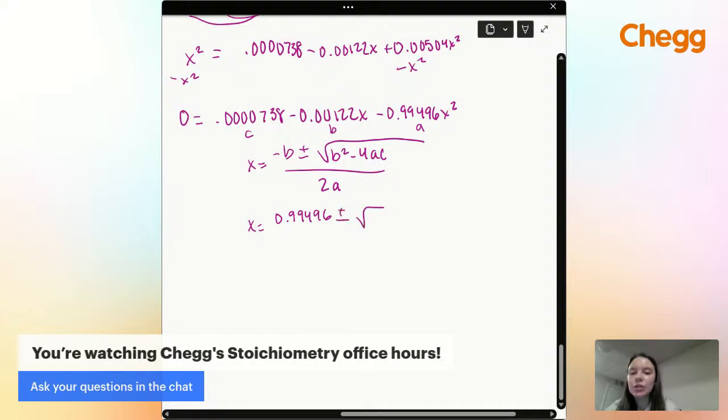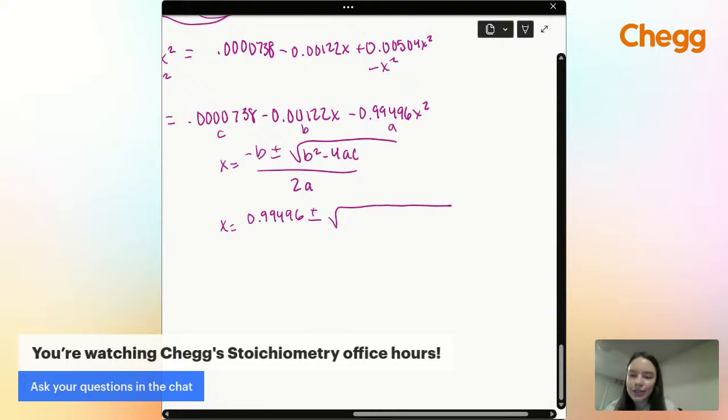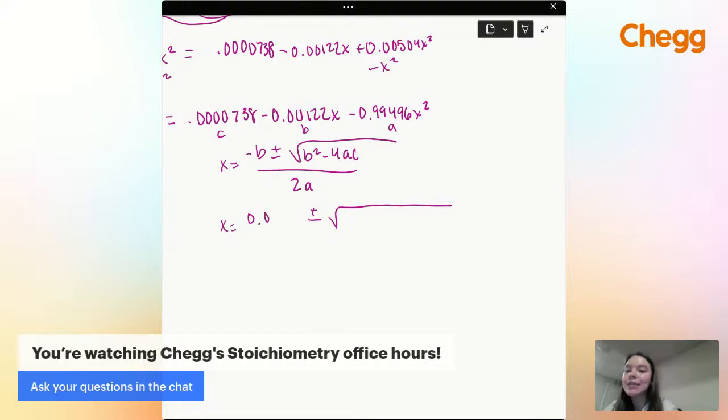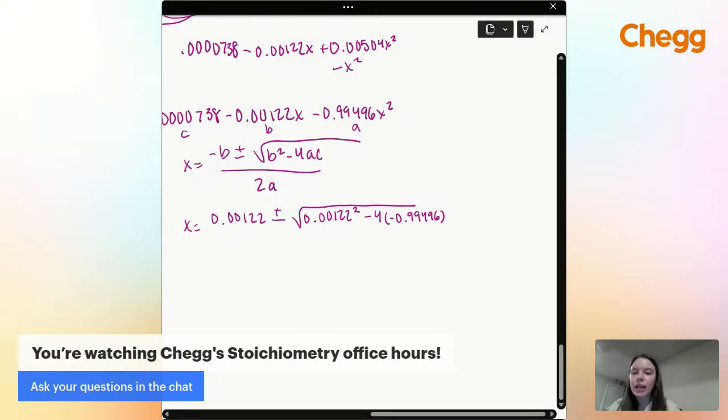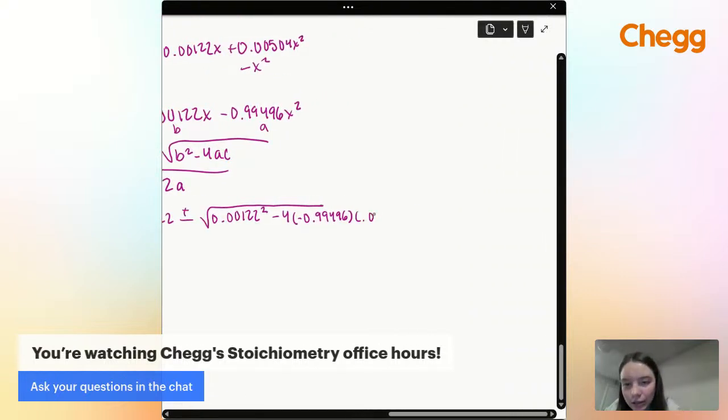Plus or minus the square root of, oh wait, sorry guys, I already messed up. Told you it was a lot of fun math. I used a, this should be b, 0.00122. Plus or minus the square root of 0.00122 squared minus 4 times negative 0.99496, and then times c, 0.0000738.